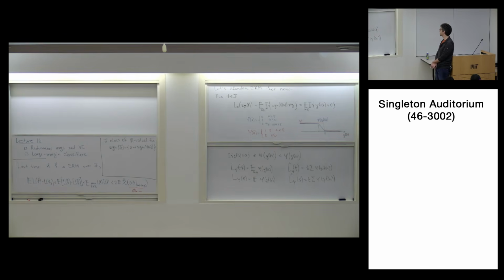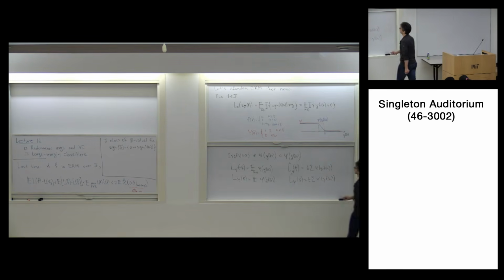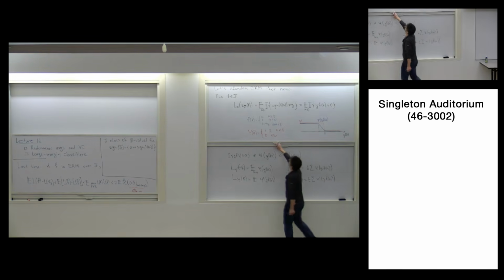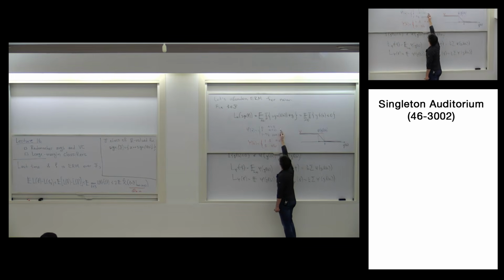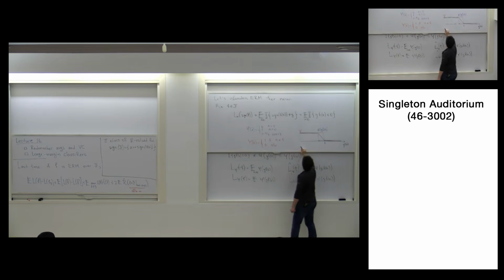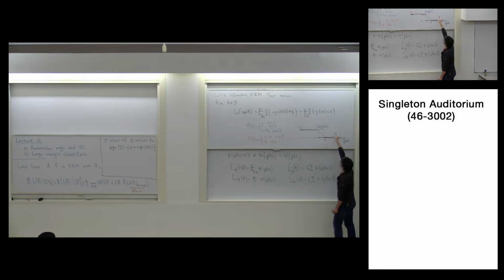Why isn't L phi and L psi defined the same way as L01? It is, right? This is my definition. It's a function of y times f of x. That's my 0, 1 loss.